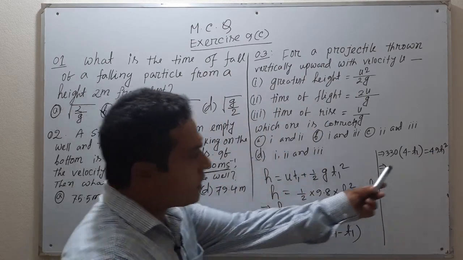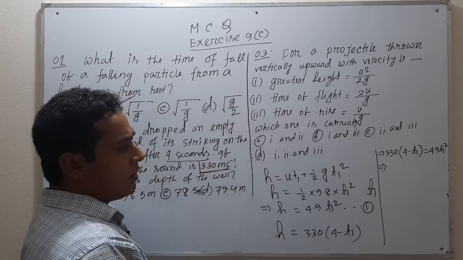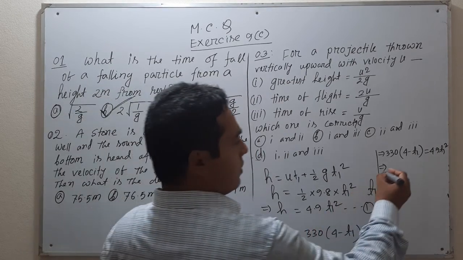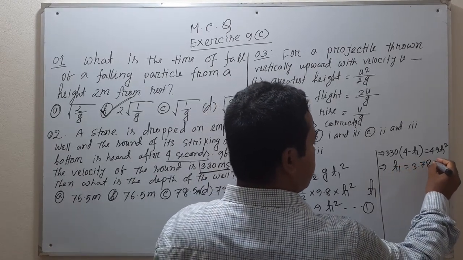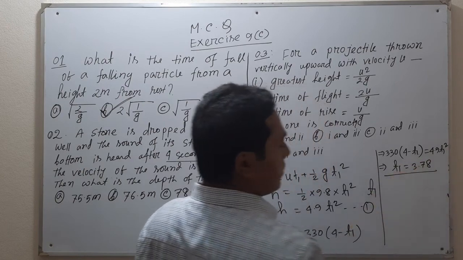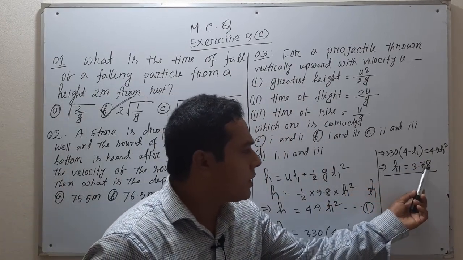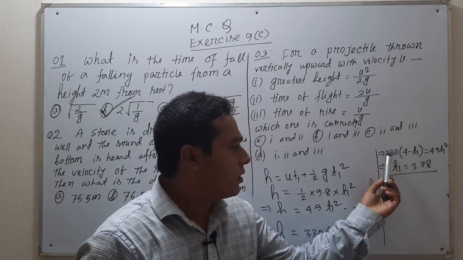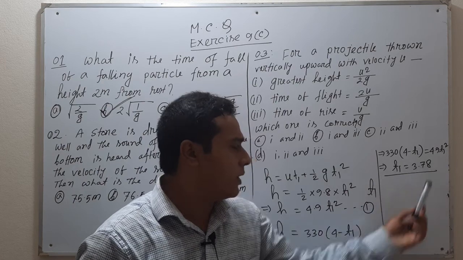After solving this equation, then t1 is equal to 3.78. After solving this equation, we'll get the value of t1 is equal to 3.78. You can solve this equation by your calculator. Then t1 is equal to 3.78.